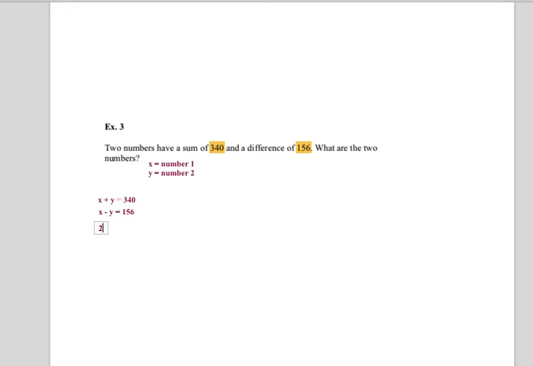So 2x plus 0 equals, I need my calculator for this one, 340 plus 156 is 496. I guess I could have done that in my head, but we're going to go with it.